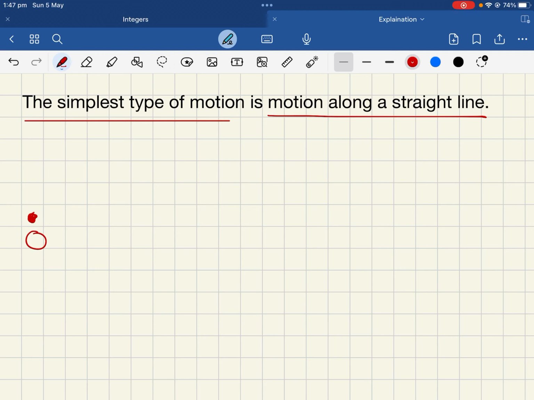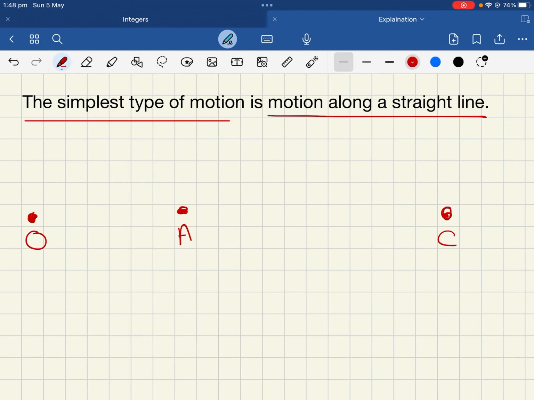This is point O, and let the end position, sorry, let this be C, and we have a point here A.